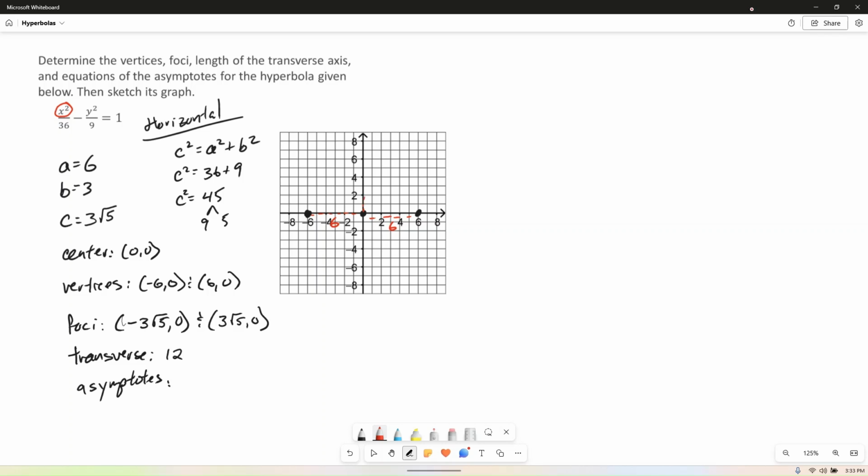So I need to go up 3 units and down 3 units. So I'm going to go from center, left and right 6, up and down 3, and that's going to create this rectangular box for me. So this box is 6 units tall, 3 up and 3 down, and it's 12 units wide, 6 to the left and 6 to the right. And so I can then draw my asymptotes through the opposite corners of this rectangular box, and also through the center.